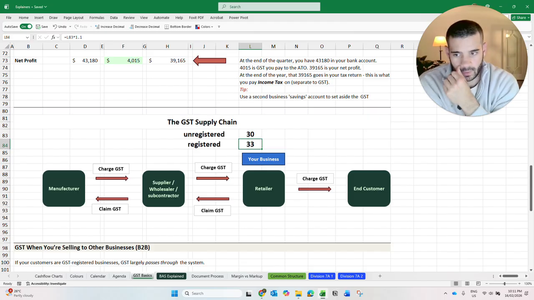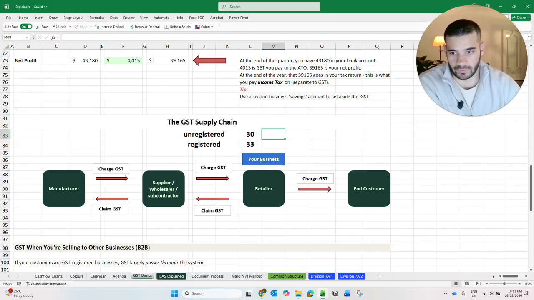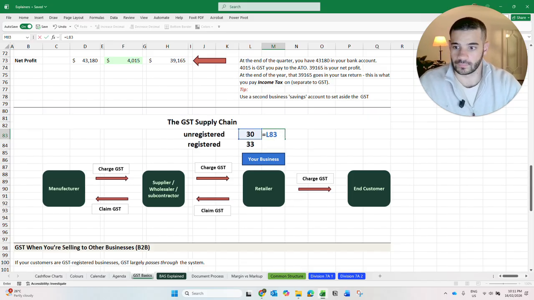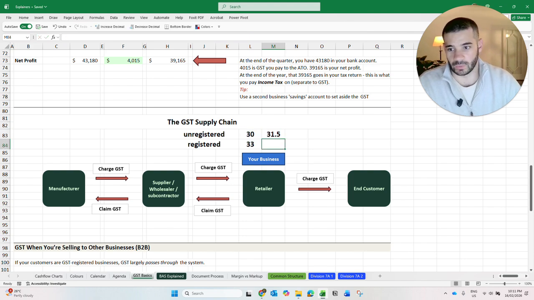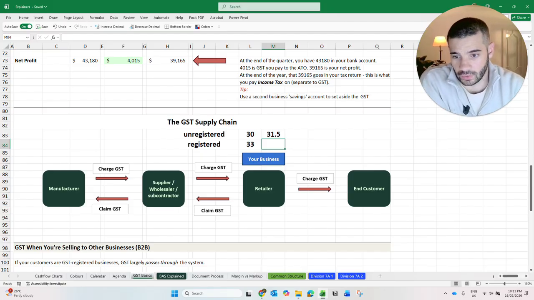So if you were nervous about the price and you didn't want to put it up by 10%, you might put it up by 5%, right? So you might add 5%, and we're going to charge $31.50. And so thereby you're sharing that GST cost, the customer's paying half and we're paying half.